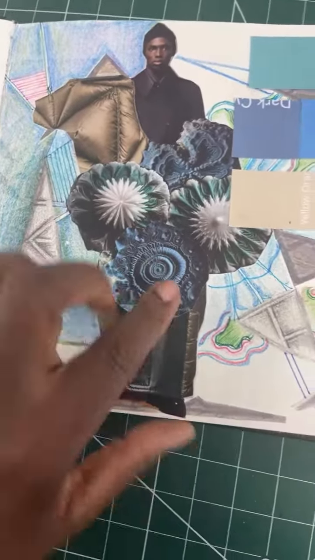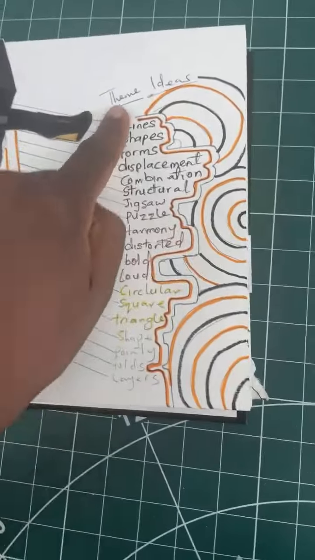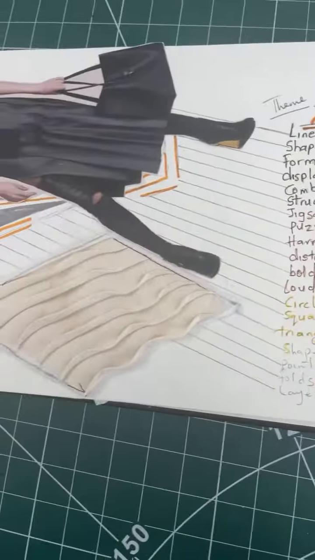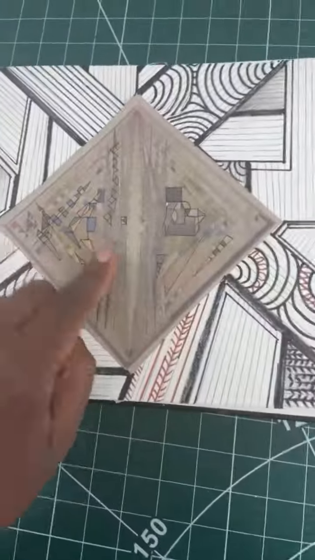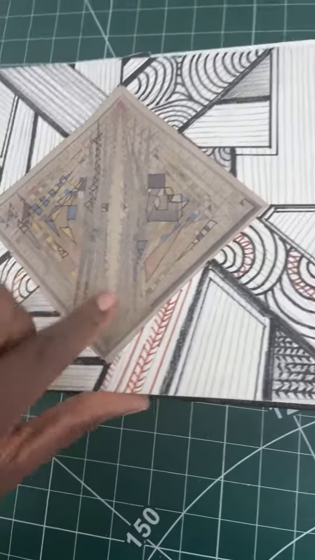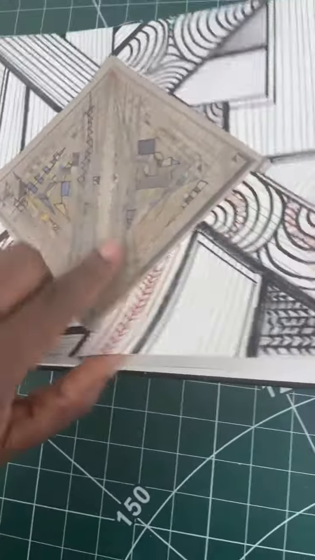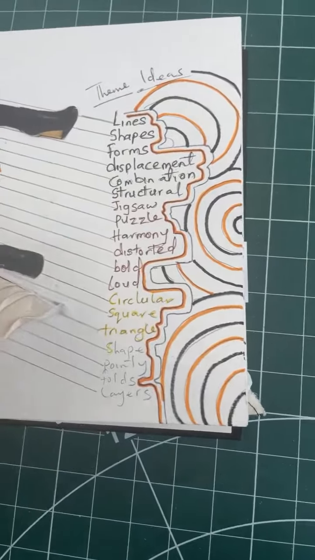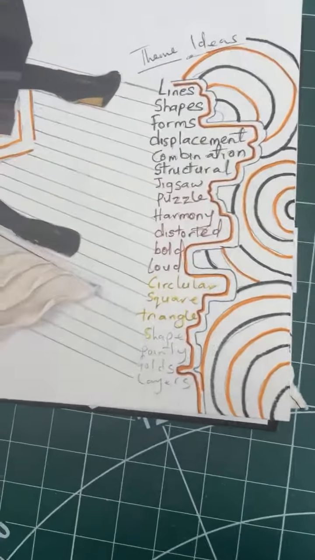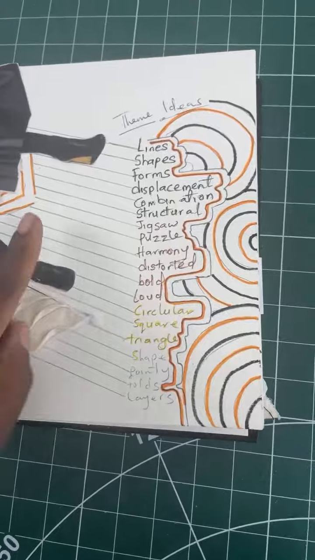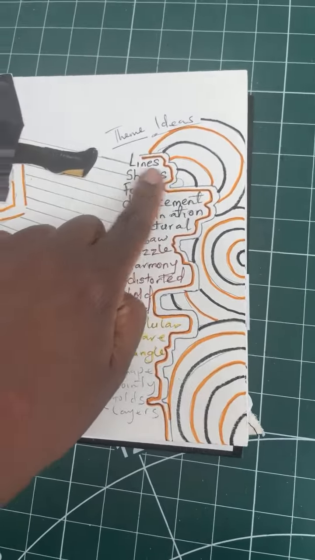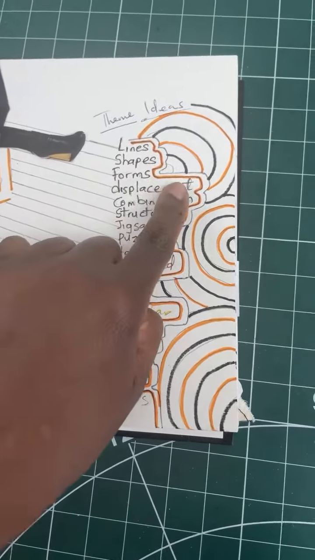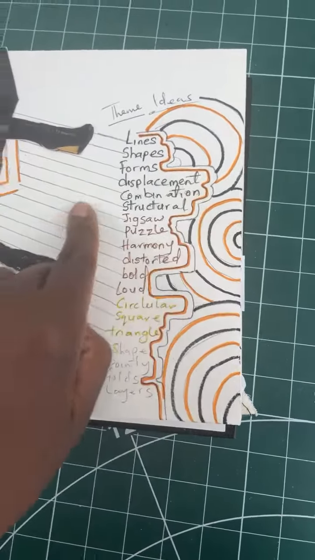And remember, all these words that I've written down here, they all stemmed out from just this design, this artwork. So from this artwork, what I've been able to come up with, there are more, but these are the ones that I was able to come up with. So within that artwork, I saw lines, I saw shapes, I saw forms, I saw displacement, combination.